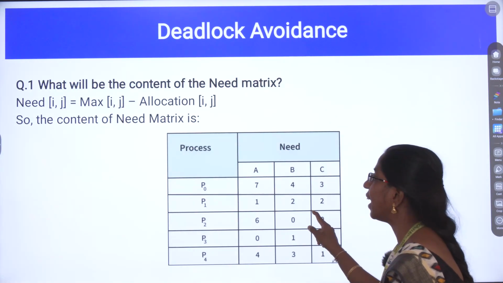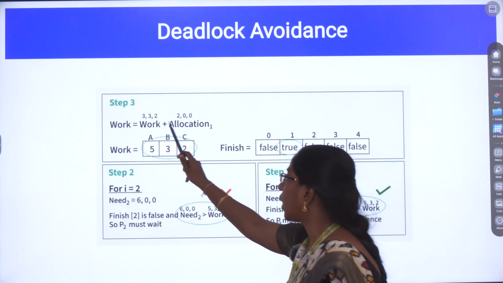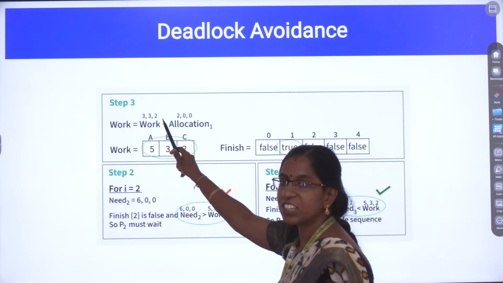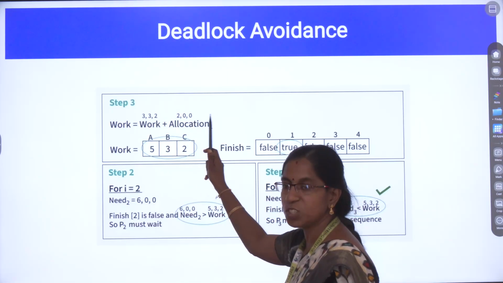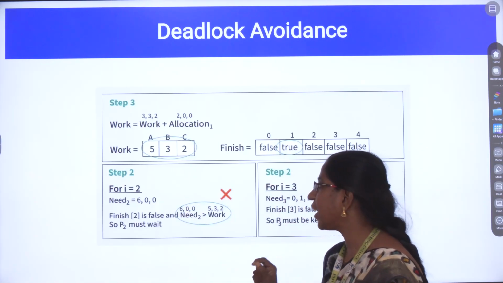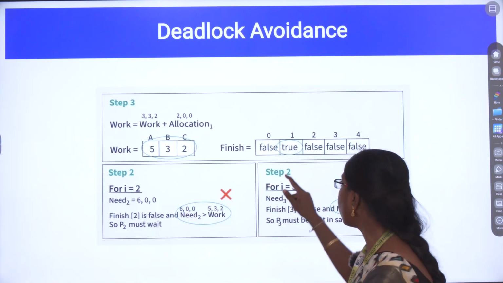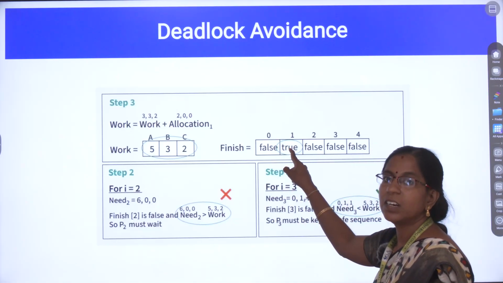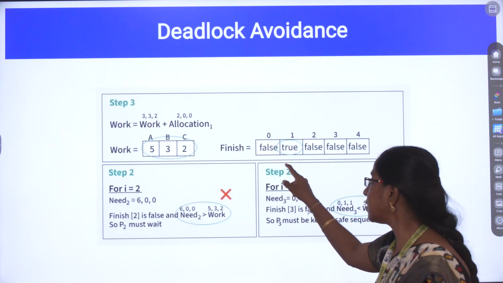That should be added here: work plus allocation, 3 3 2 plus 2 0 0. So now our new work value is 5 3 2, and finish of 1 is true.